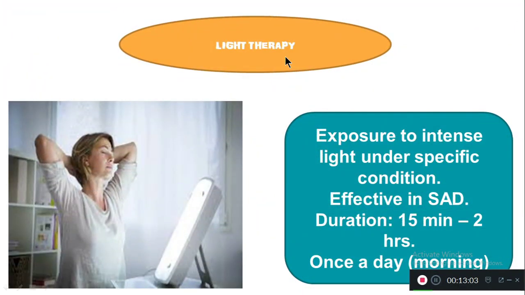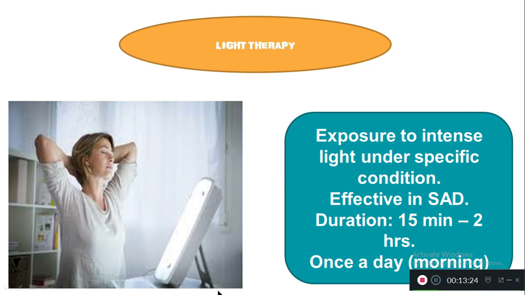The next one is light therapy. Light therapy is a good treatment choice for depressive patients during seasonal affective disorder, and the duration is 15 minutes to 2 hours daily. You need to give this light therapy. Usually you will give ultraviolet rays.